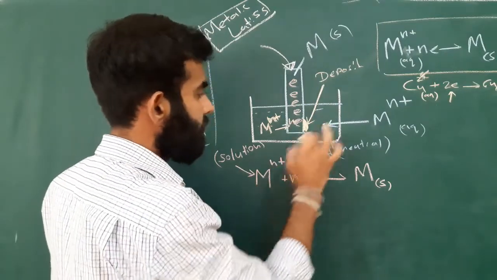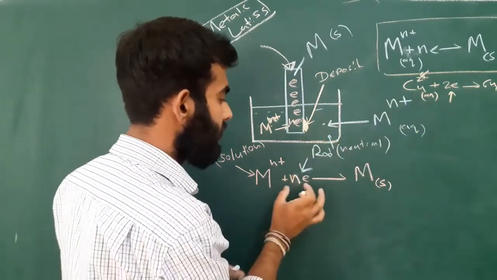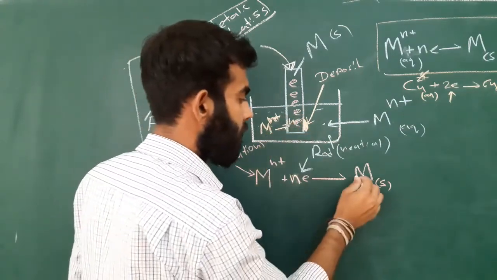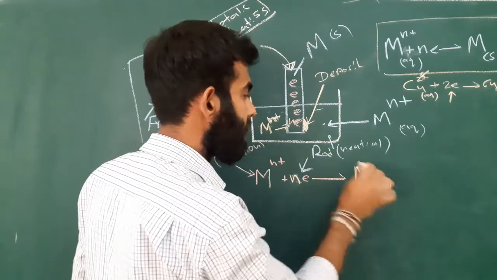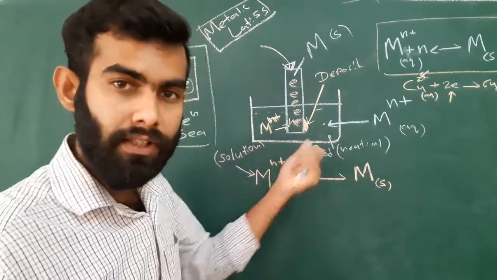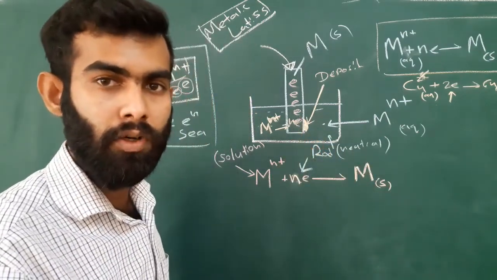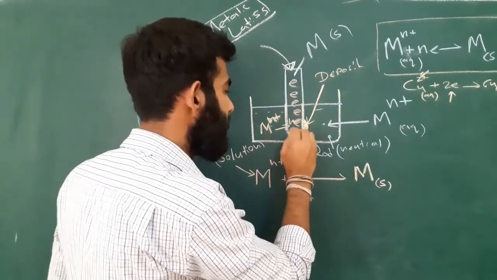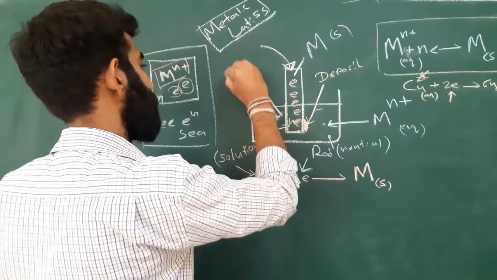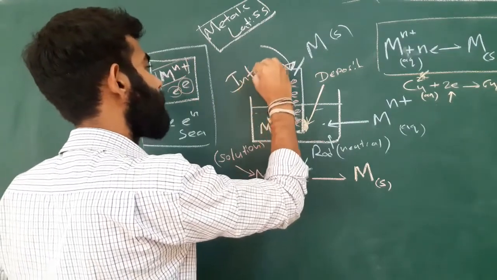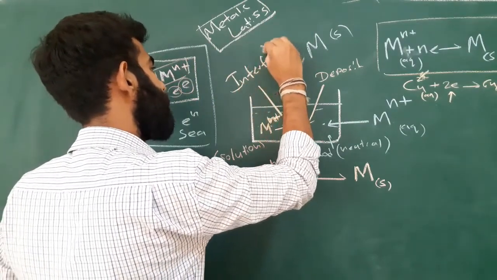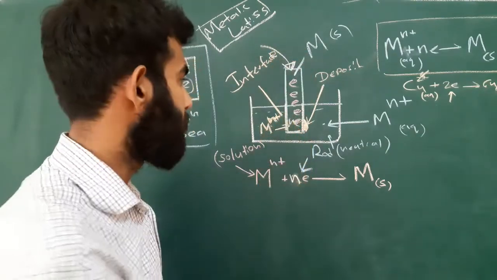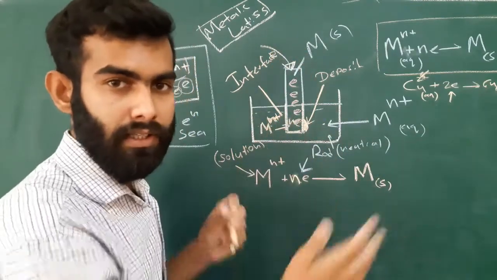Mn+ ions in the solution will get n number of electrons from the rod, and it will form M solid, and it will be deposited on this electrode or metal rod. So this reaction is happening at the interface, the metal and aqueous interface.